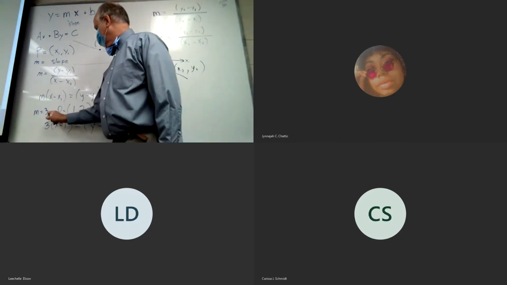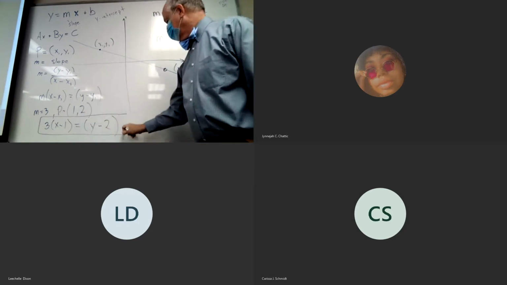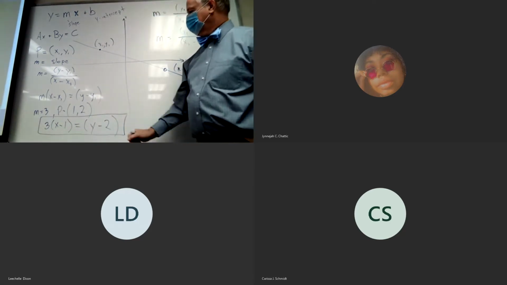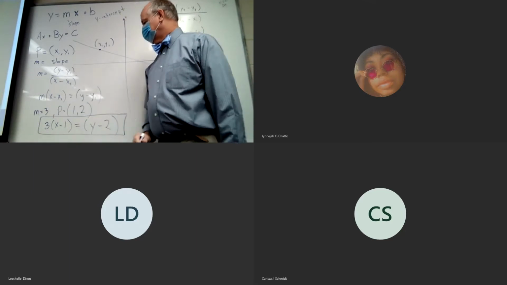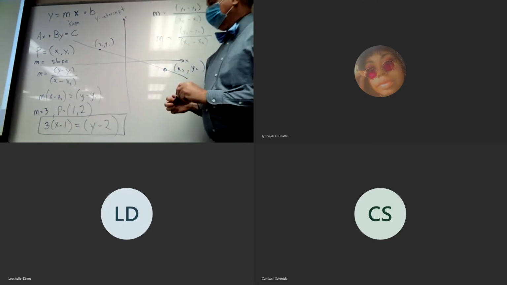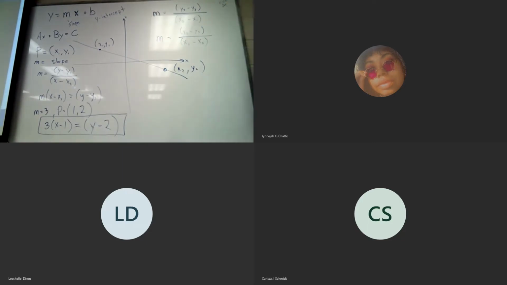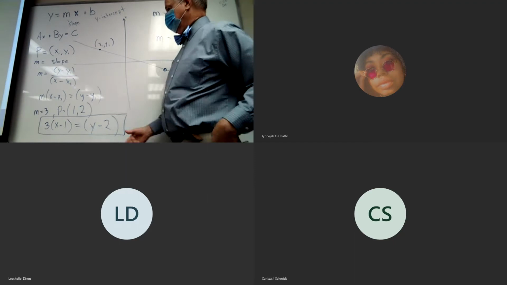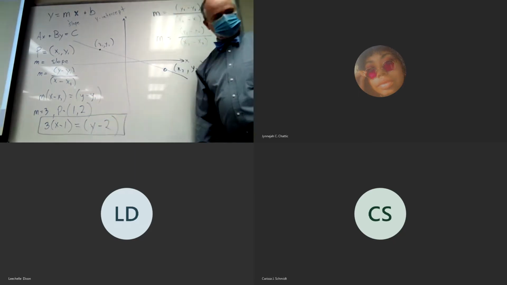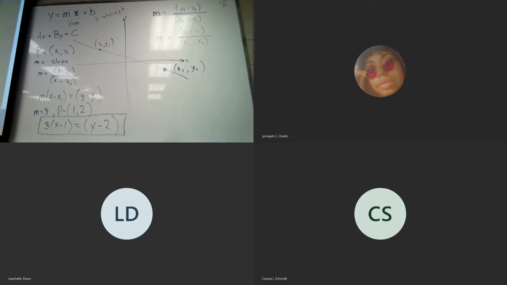There is your point slope format given the point 1, 2, and knowing that the slope is 3. So they will ask you sometimes in your assignment, give me the point slope format, given a point and a slope. This is what they're asking for. And we'll find an example of that here in the book.